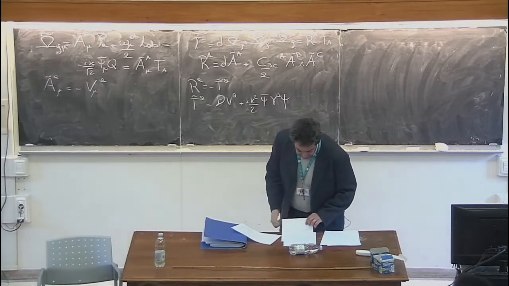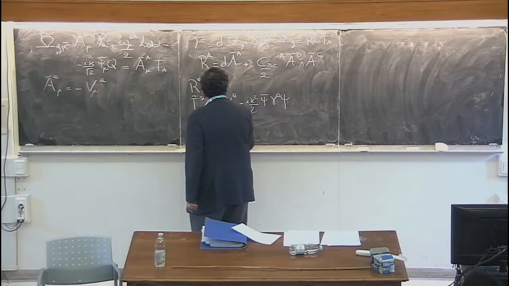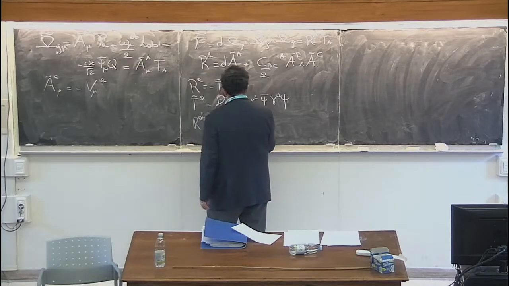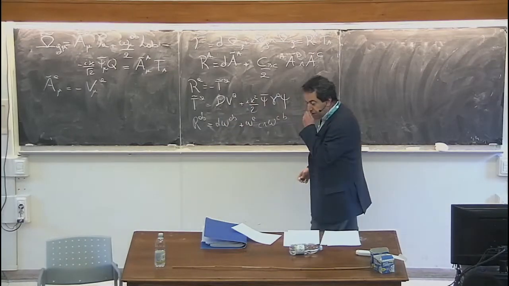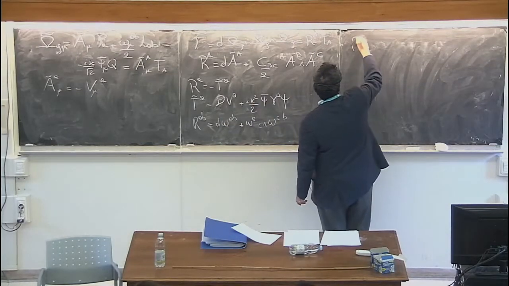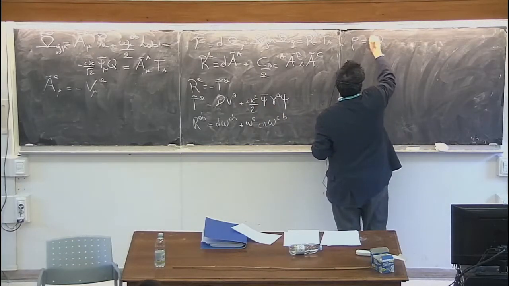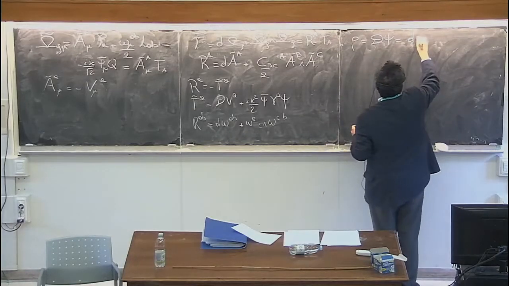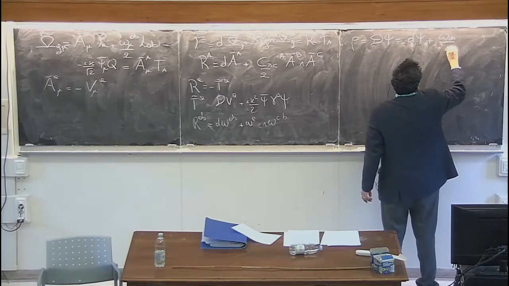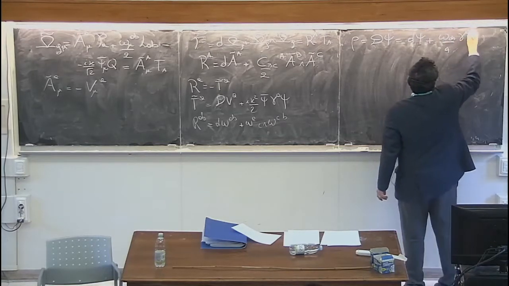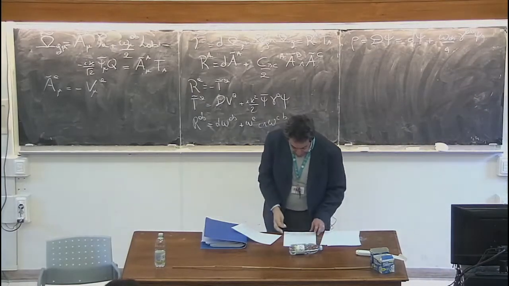And then we have the usual definition of the Riemann tensor, and the curvature associated with the gravitino field, which is d psi plus omega AB divided by 4 gamma AB psi. Today we are going to deal with the gravitino and with the description of its dynamics.